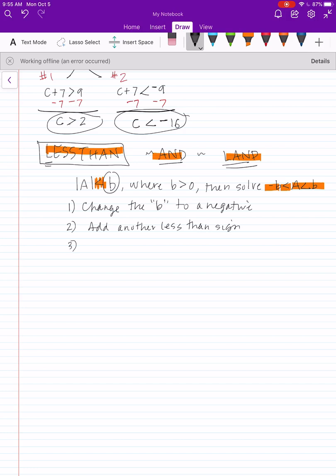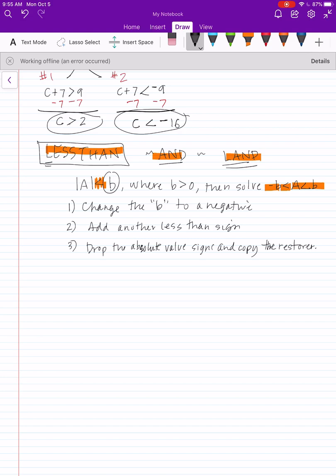And three, you drop the absolute value signs and copy the rest over. Okay, so you copy the rest over.